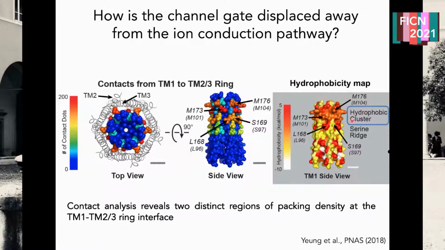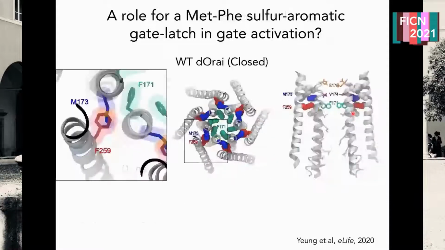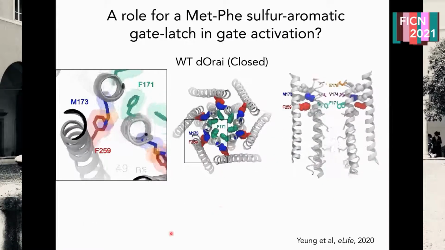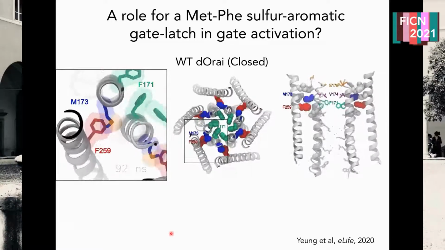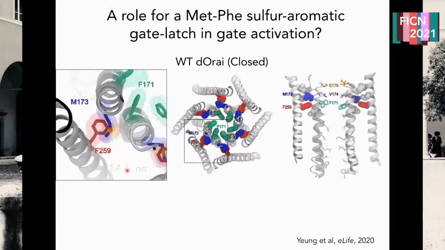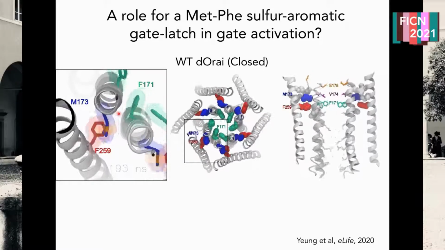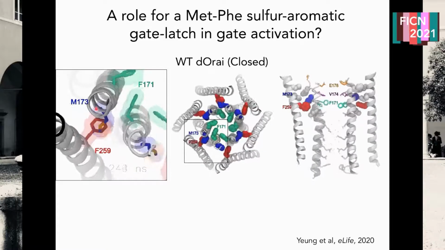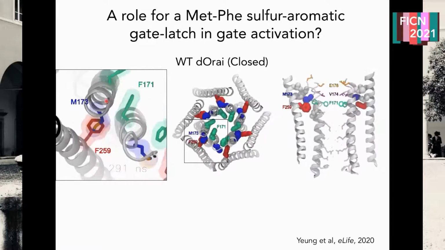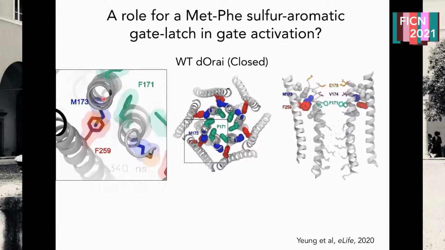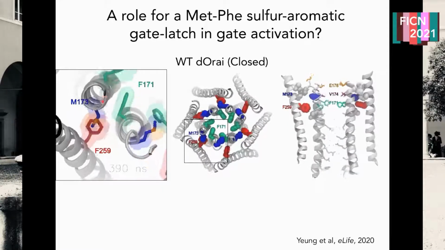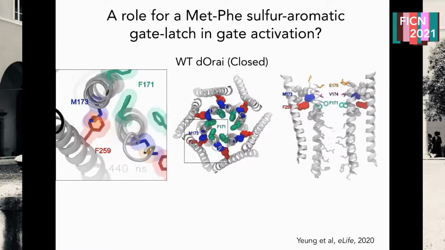But we focused our attention on this hydrophobic cluster, and very interestingly, when we looked at the contacts in the molecular dynamic simulations of one of these residues, which is a methionine that's located on TM1 itself, in the pore helix, but in the sort of a non-pore facing side. When we looked at this methionine, what's going on here?